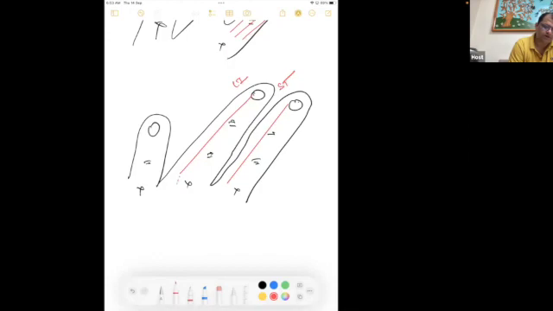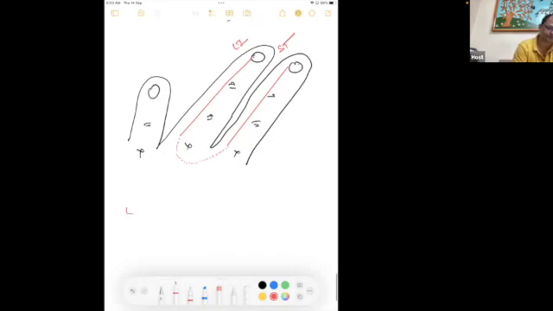So if we make the imaginary line here, we can consider both together, or if we are making one meridian, LI and ST, then the combination of these two meridians is called a long meridian, LI plus ST is a long meridian.